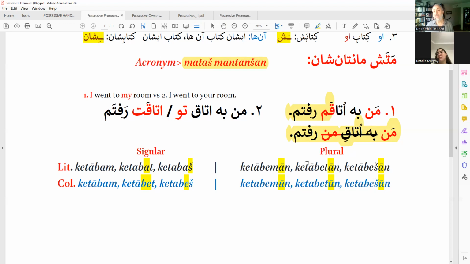For example, if it is not my room that I'm going to, but your room, I can do that either way. I can say من به اتاقت رفتم or من به اتاق تو رفتم. But it does not work to say من به اتاق من رفتم.